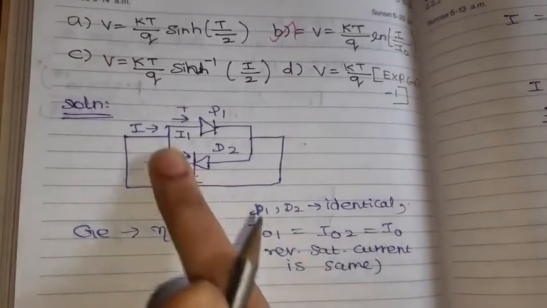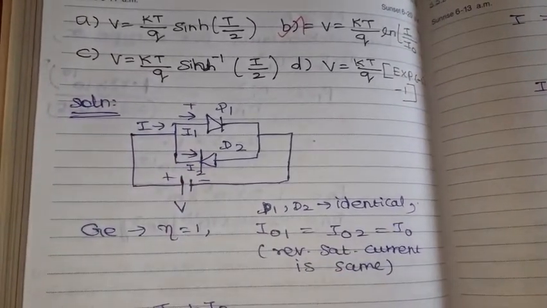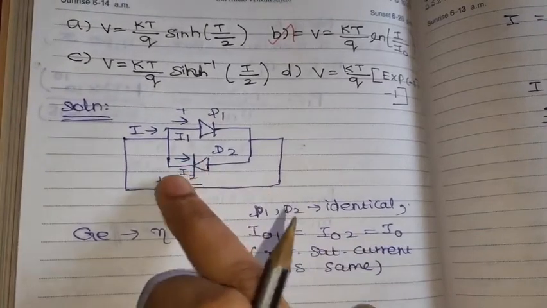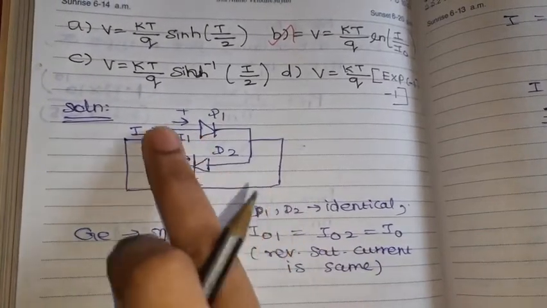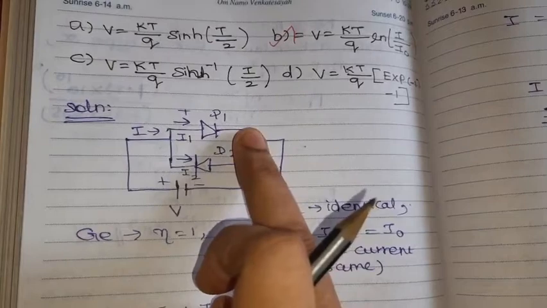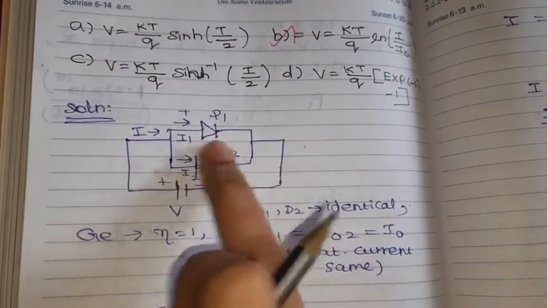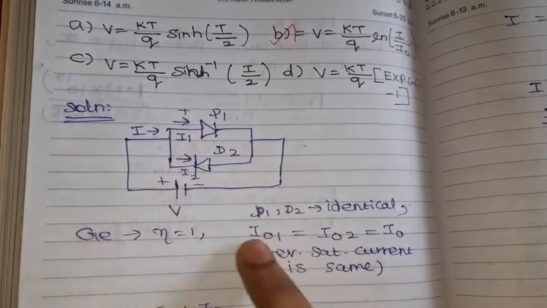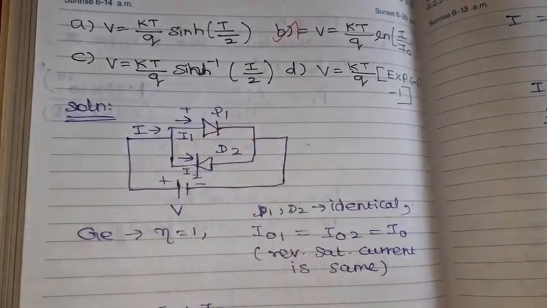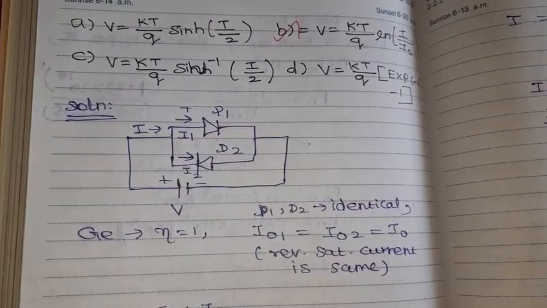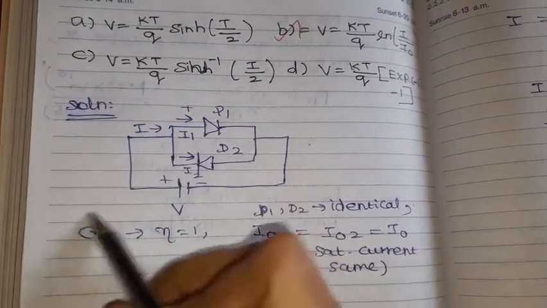So see the circuit I have redrawn here from the problem. The current I1 is separated here. This is the total current I. Here it is separated as I1 and I2. So D1 and D2 are given as identical.